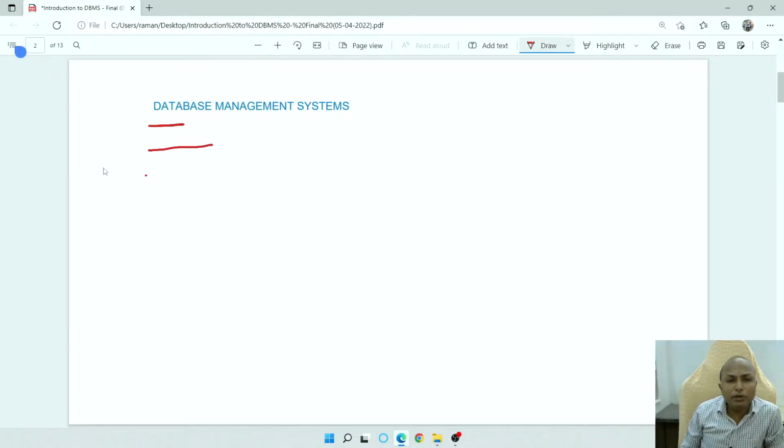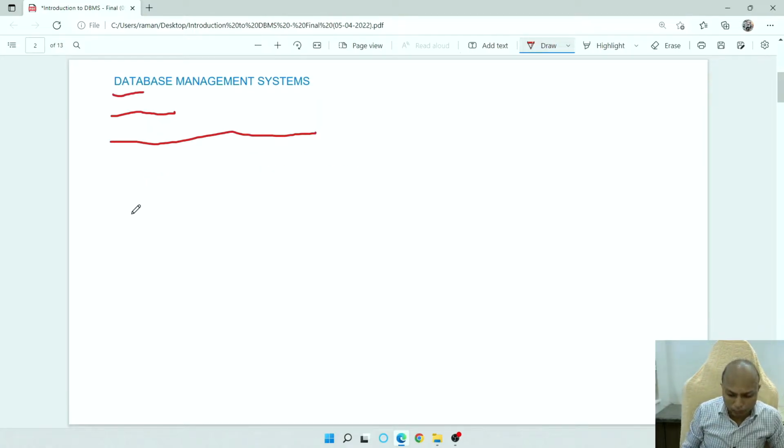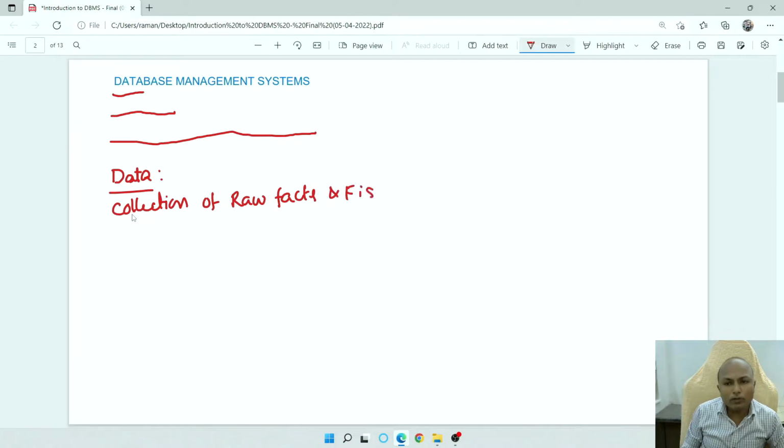After that, we need to understand what is meant by database management system. First, we will concentrate on data. Data is a collection of raw facts and figures.